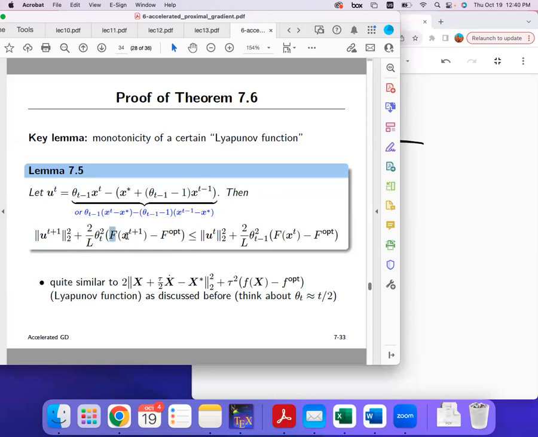So we only have that the function value is monotonically decreasing. But once we add acceleration, the function value may not be monotonically decreasing. But such a Lyapunov function, the potential of this algorithm, will be monotonically decreasing.